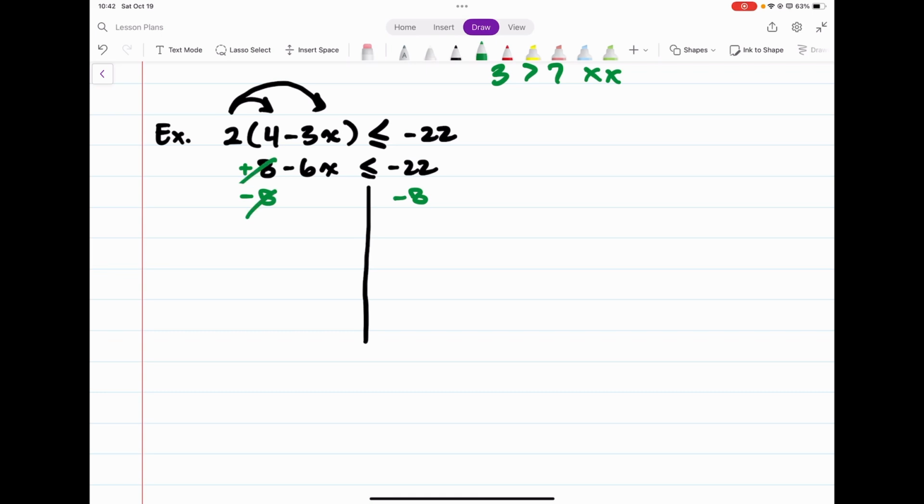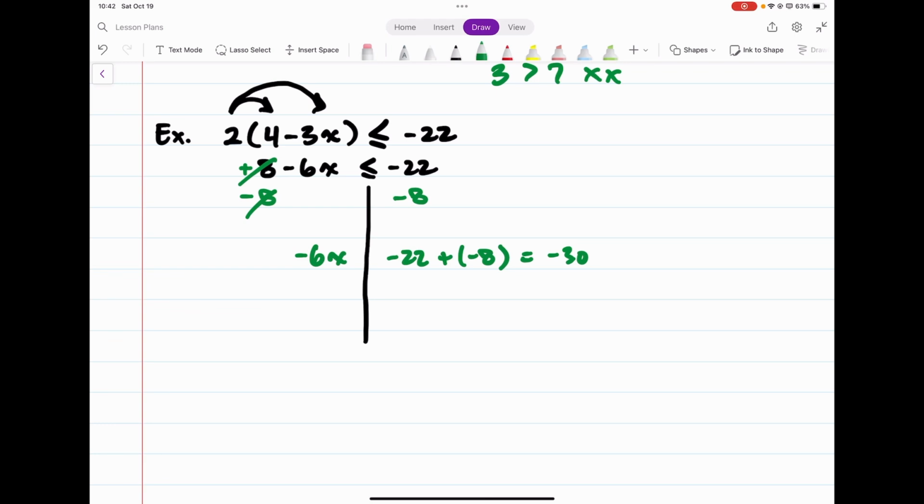So those cross off. I'm left with negative 6x on one side, and then negative 22 plus negative 8 equals negative 30, right? Because they're both the same symbol, so it's negative plus a negative, which becomes a negative.